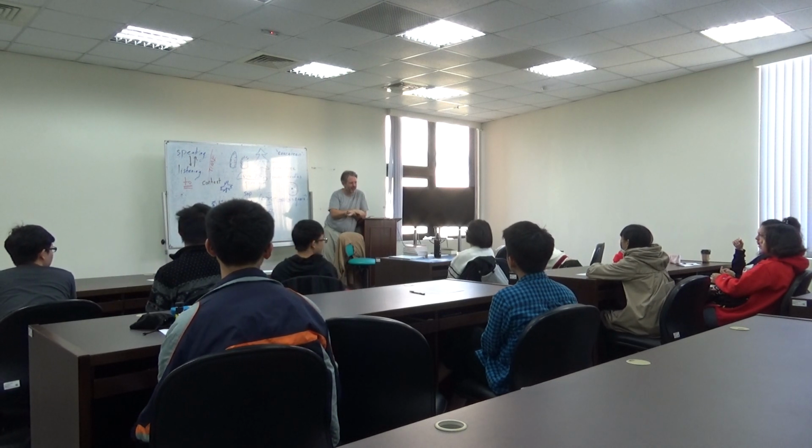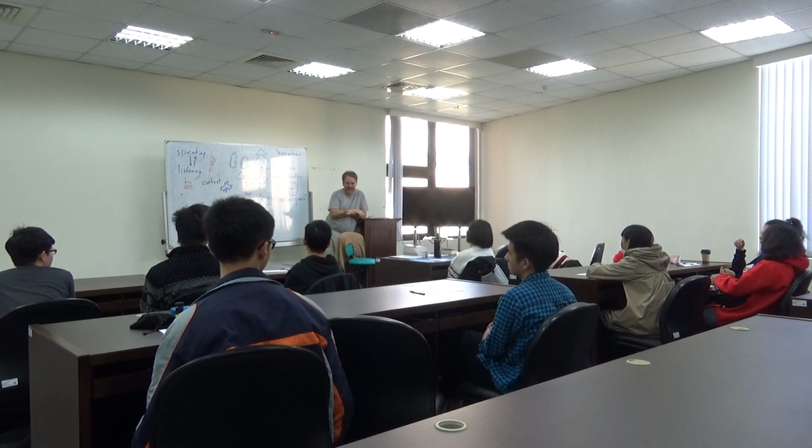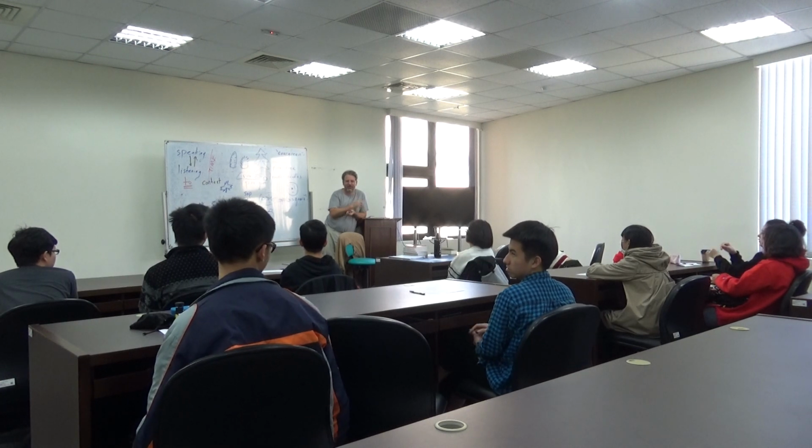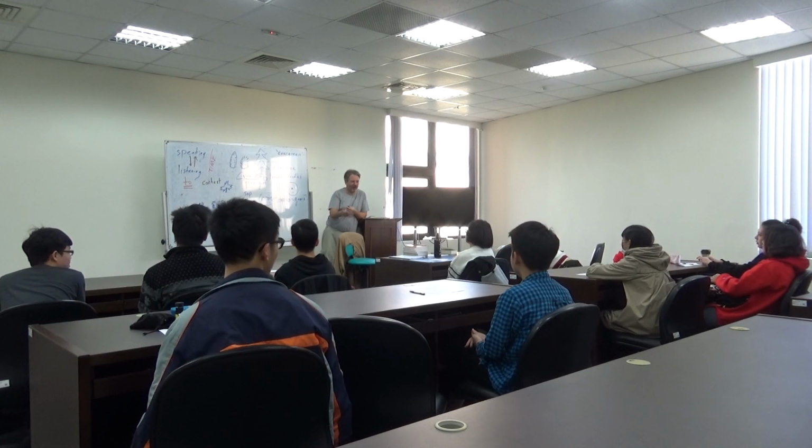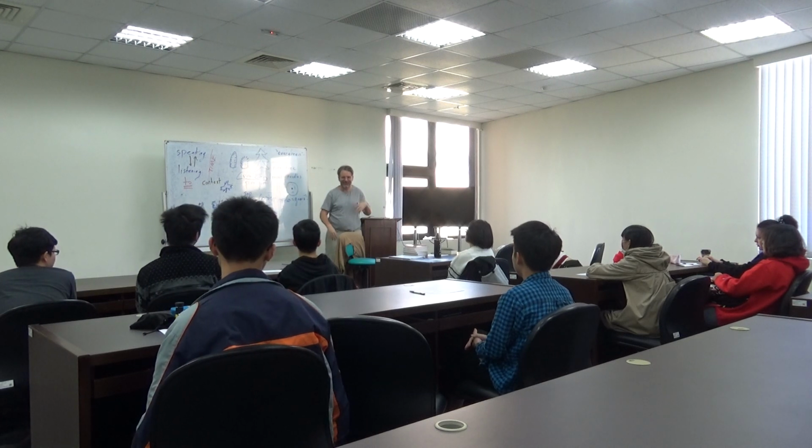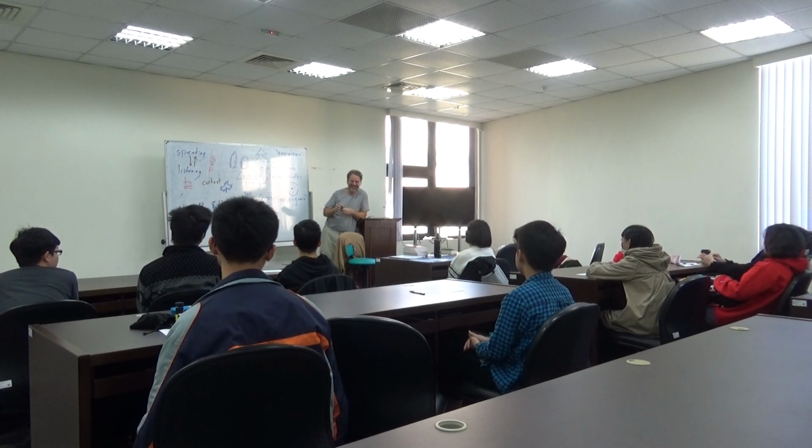Yeah, 芒果, right? Okay. And then you have all of the 瓜, right? You have all kinds of 瓜. You have like the south 瓜 and the north 瓜, right?